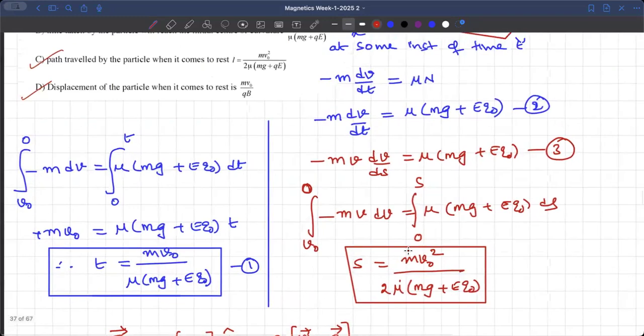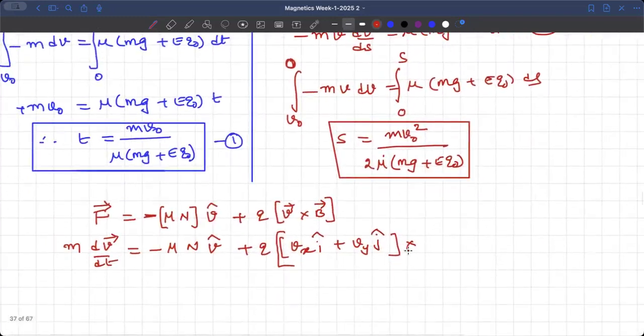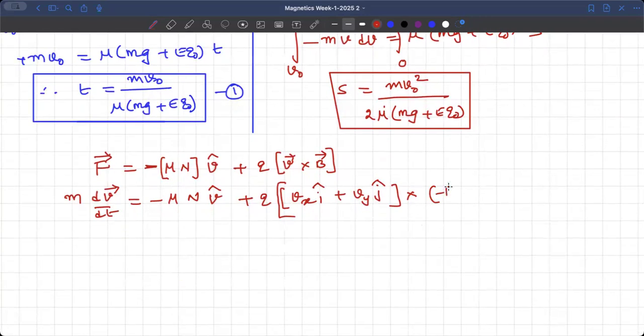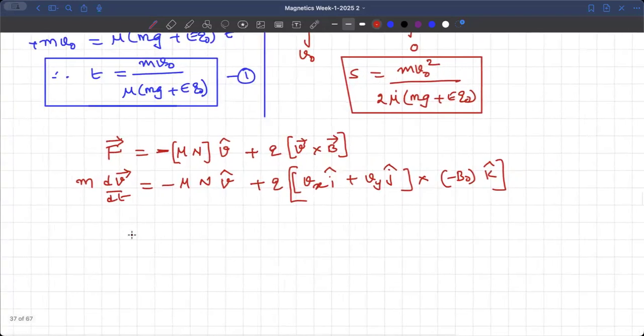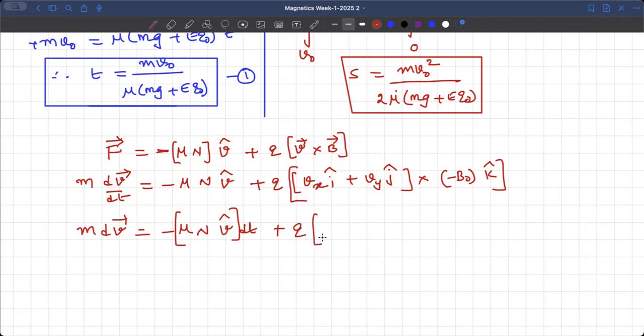B. B is in which direction? Minus B naught K cap. Hold on. M dV bar is minus mu n V cap dt plus Q into I cap cross K cap minus J cap.